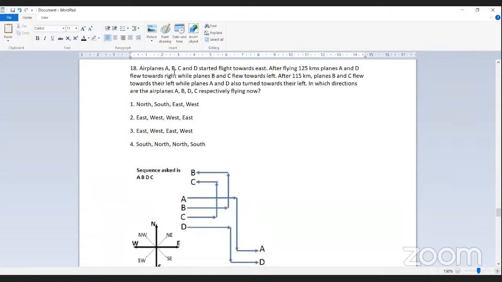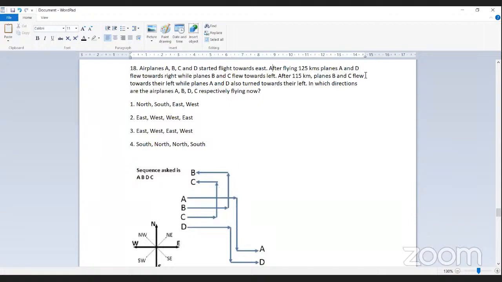After flying, A, B, C, D are flying towards east in this direction. Then after flying 125 kilometers, planes A and D flew towards right, which should be northwards, while planes B and C flew towards left. Don't worry about the distance because this is just to show. B and C flew towards left, meaning upwards, north.